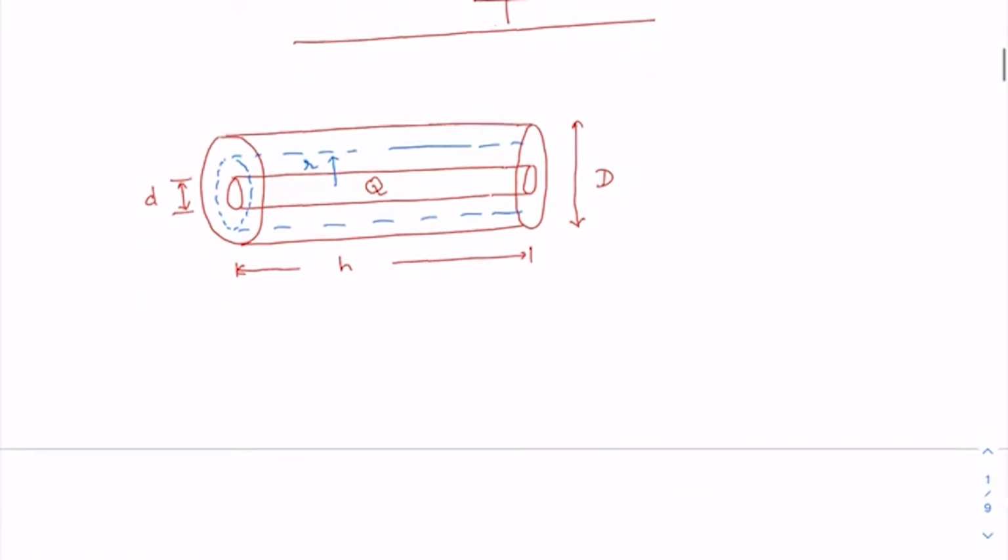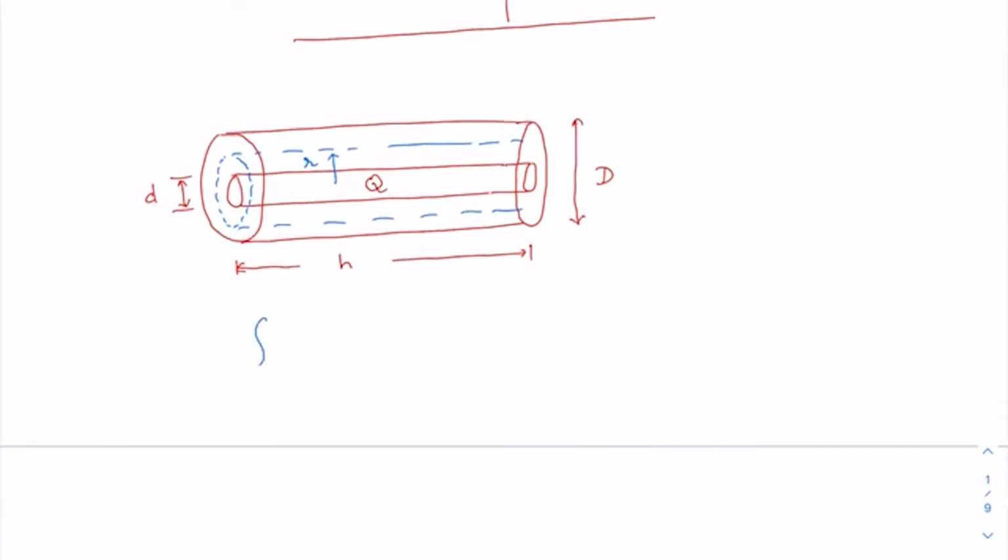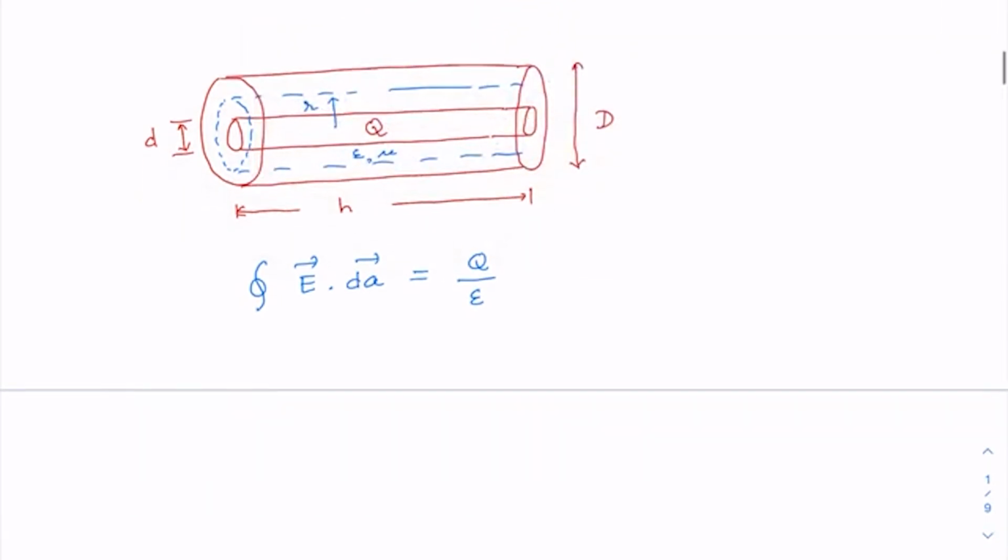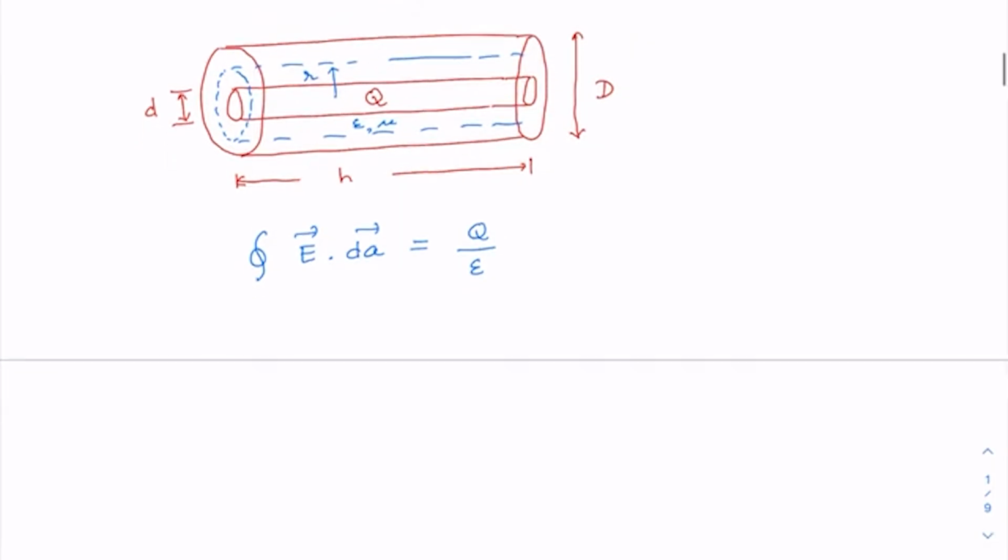Then we can find the electric field using Gauss law. As per Gauss law, we have the integral of E dot dA, where dA is the area element, equal to Q divided by epsilon. Epsilon is the permittivity of the medium that this coaxial cable contains.